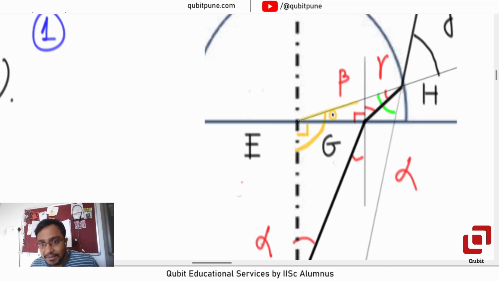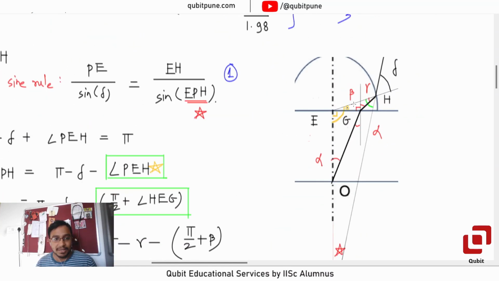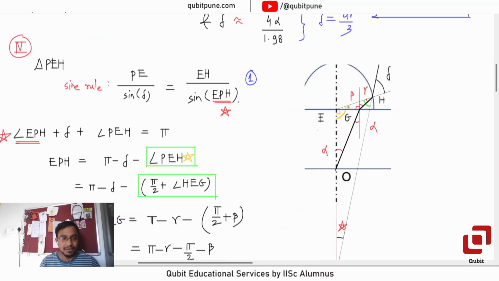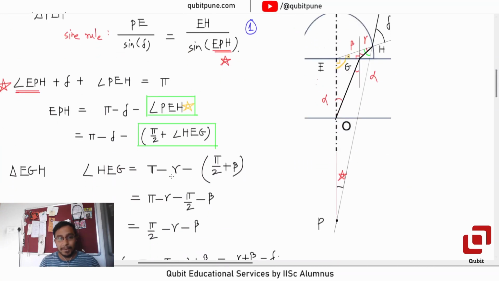In triangle EGH, the dotted angle that we want plus this angle 90 plus beta plus gamma is equal to 180 degrees. So based on that we can obtain the angle HEG: pi minus gamma minus (pi by 2 plus beta). So essentially we get HEG as pi by 2 minus gamma minus beta.